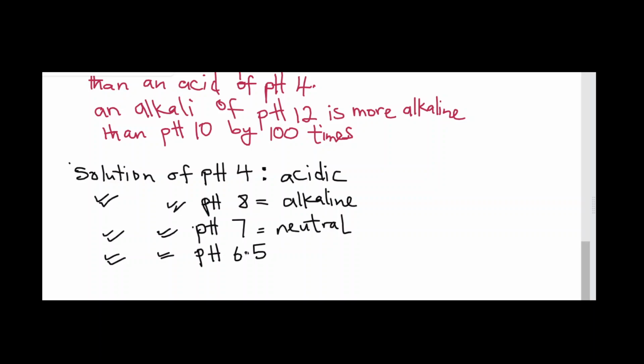Okay, now bearing in mind that this is not 6, but 6.5, it is still acidic, right? Now, if you were given a solution of pH 7.5, that is alkaline. Once it has gone past 7, even if it's by 0.1, that is alkaline.